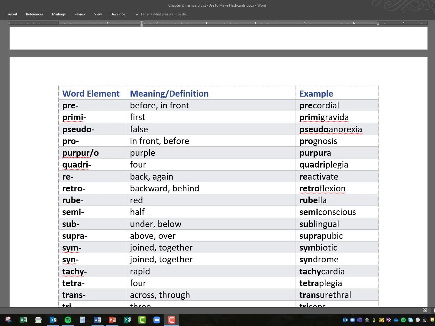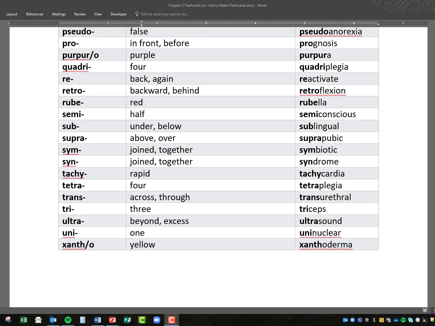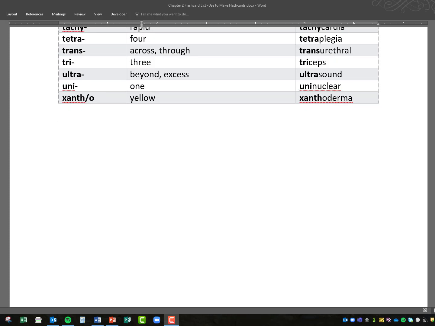Supra, upon, above, or over. Sym, joined together. Syn is also joined together. Tachy, there we go, is our rapid. Tetra, four. Trans, across. Think of like a transcontinental flight. It flies across the country. Goes from one side to the other. Tri, three. Ultra, beyond or excess. Uni, one. And xantho is yellow.